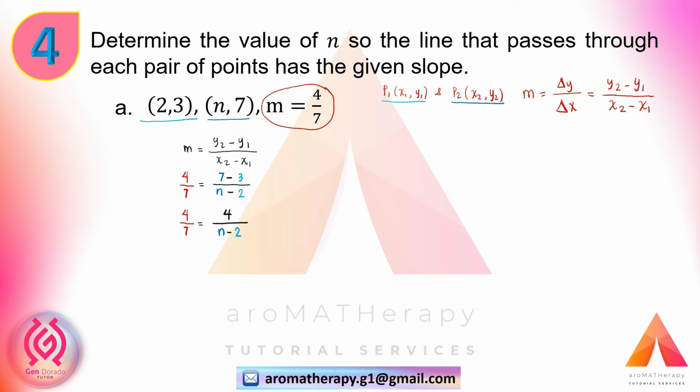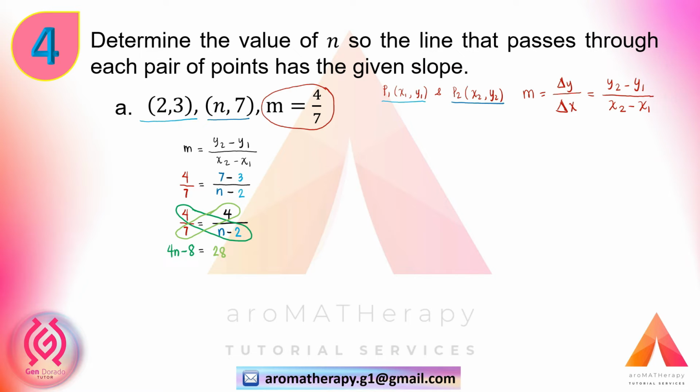Okay, so let's cross multiply. 4 times n minus 2 is equal to 4n minus 8 is equal to, cross multiply, 7 times 4. What is 7 times 4?